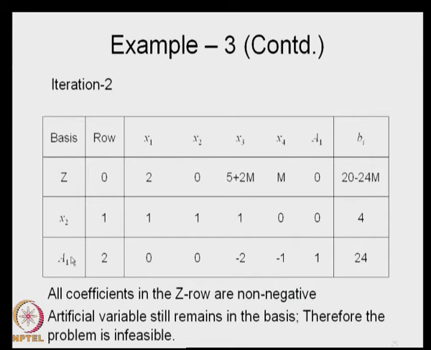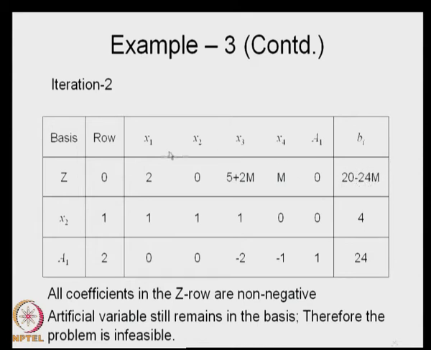However, in the basis there is a 1 sitting here. That means the artificial variable is taking a non-zero value, a 1 is 24 here, and the z value here is 20 minus 24 M, where M is a very large quantity, which means z is a very large negative value.